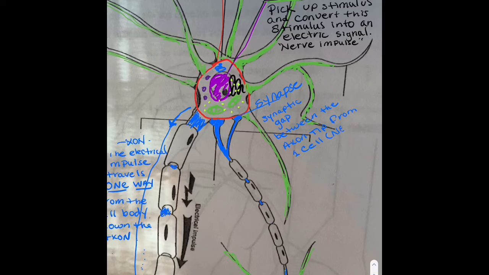From one neuron, and the adjoining cell. And that adjoining cell can be a neuron. It can be a muscle cell. Or it can be some sort of a gland.